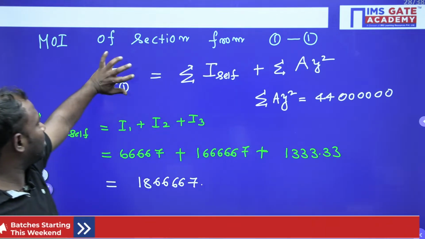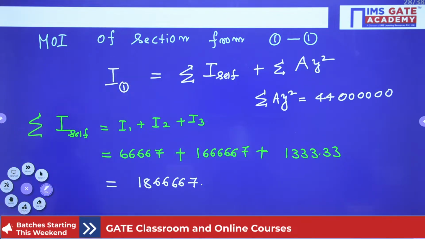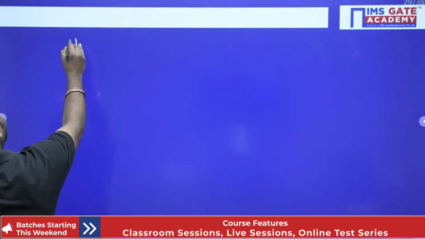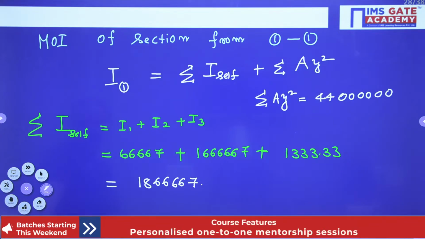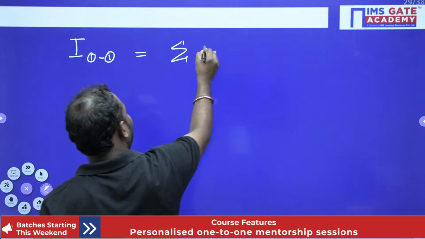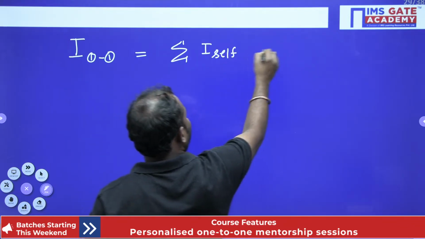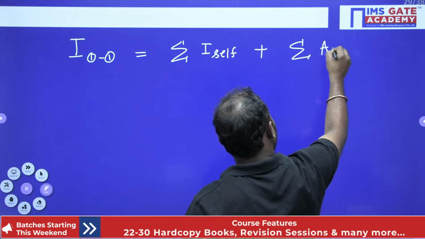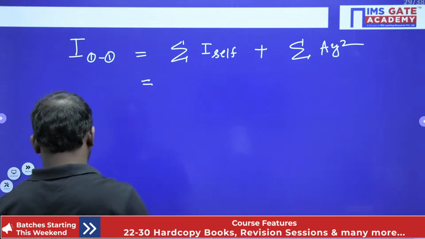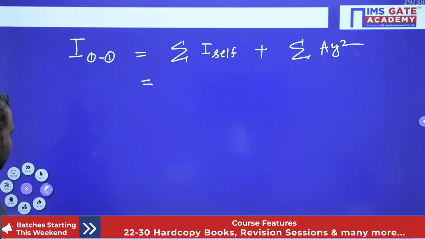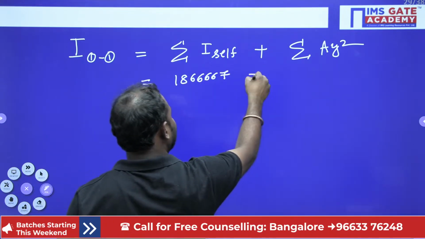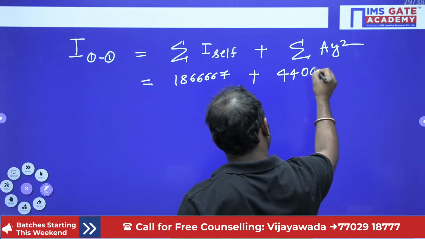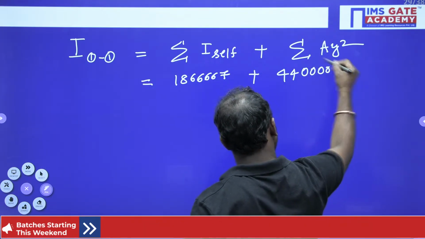Now here I'll get the moment of inertia of the total section from the base, right. I from base is equal to sigma I self plus sigma AY square. That is 1866667 plus this fellow 4400000 I got.